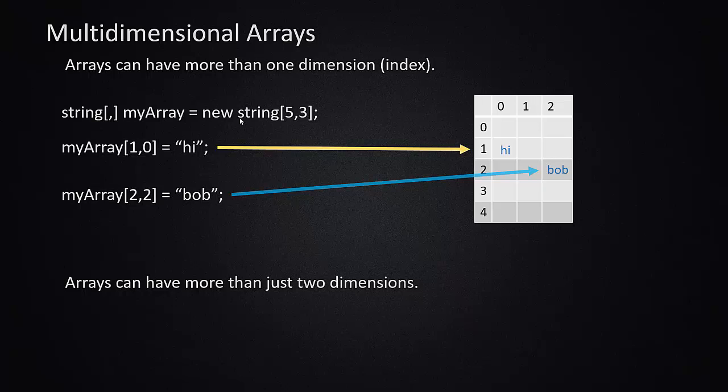Arrays can have more than just 2 dimensions, so if you wanted to have 3 dimensions or 4 or 5 or 6, you just put more commas in there. The concept of thinking of it as a table like this begins to get bizarre because it's hard for people to visualize higher order dimensions, and you just got to get used to the fact that those are parameters that will allow you to find the particular value you want.